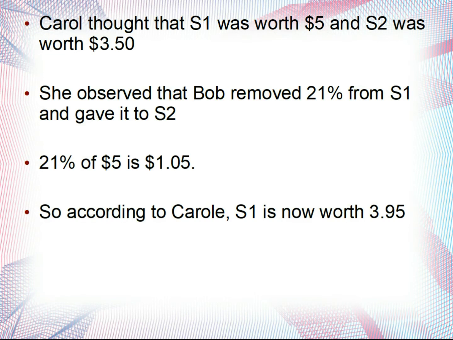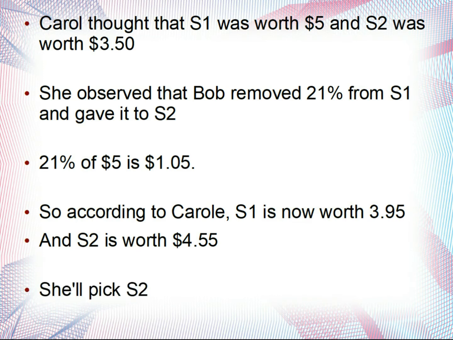It used to be worth $5, but he removed $1.05 from it, so it's worth $3.95 now. Slice number 2, which used to be worth $3.50, has gotten $1.05 added onto it, so now she thinks it's worth $4.55. So she will take the slice that is valued higher. She will pick slice number 2, leaving Bob with slice number 1.